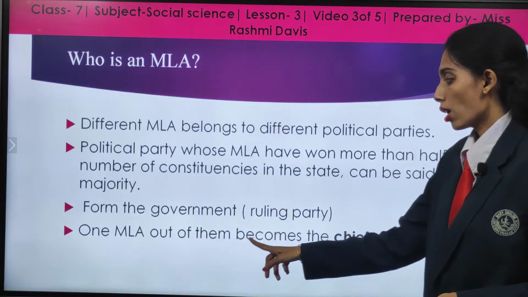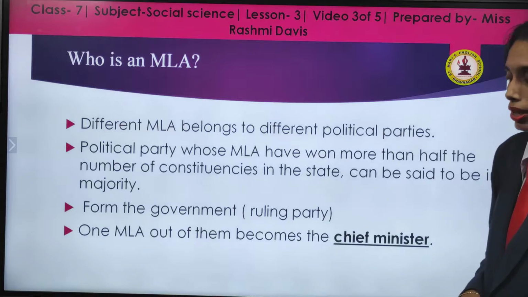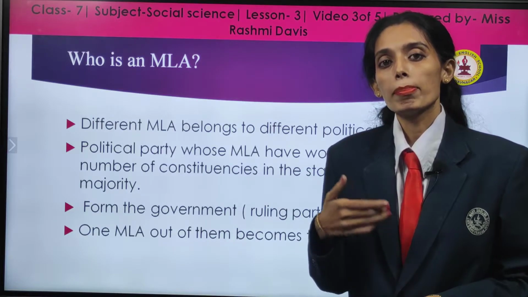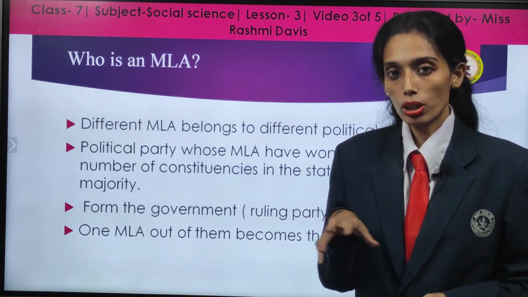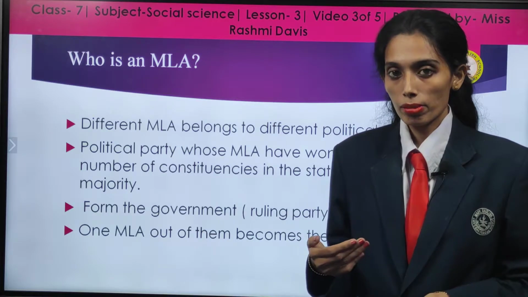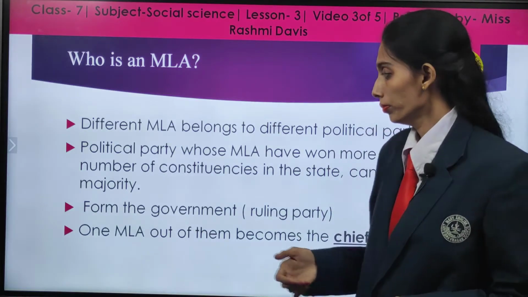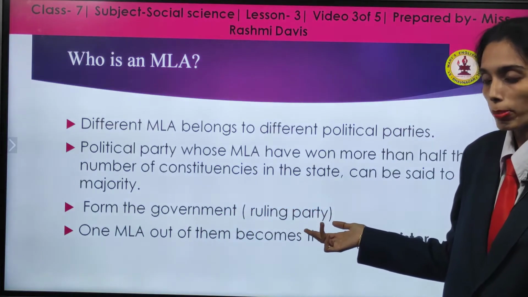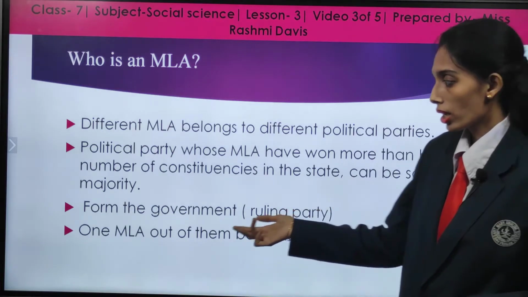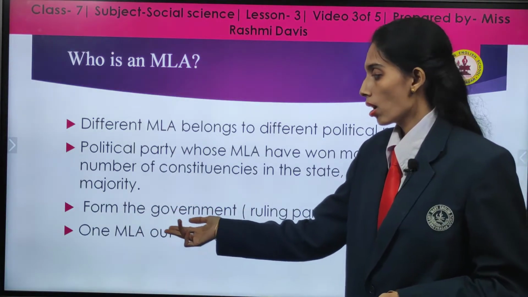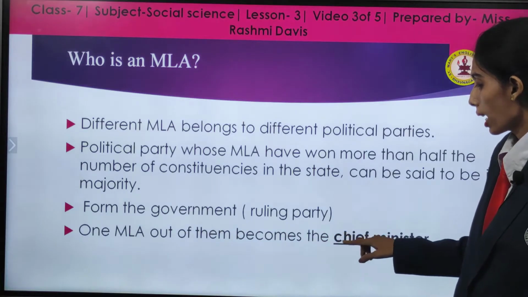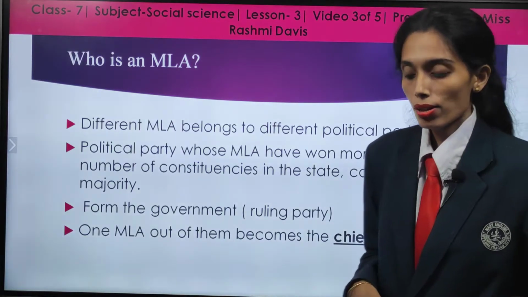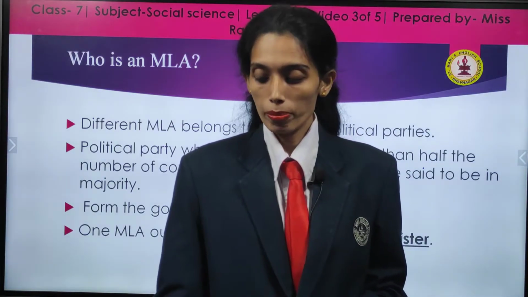Out of all the MLAs who have won, whichever party has the maximum number compared to the others will form the government and be known as the ruling party. From the ruling party, one MLA becomes the chief minister. So from the ruling party, there will be a chief minister.